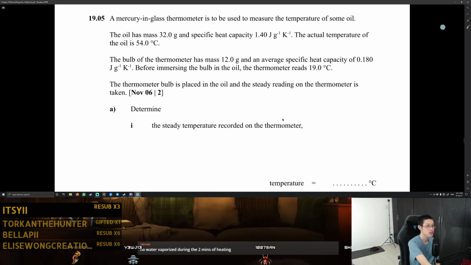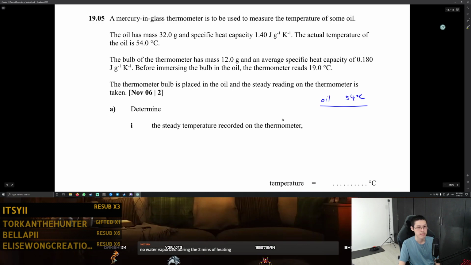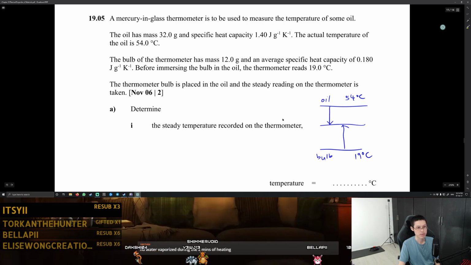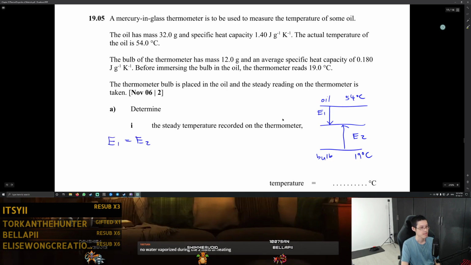Okay, so you have an oil which is 54 degrees Celsius, and then you have your thermometer bulb, 19 degrees Celsius, and it's going to increase the temperature here to some common temperature. Okay, so what is your final temperature? E1 is going to be mc theta.